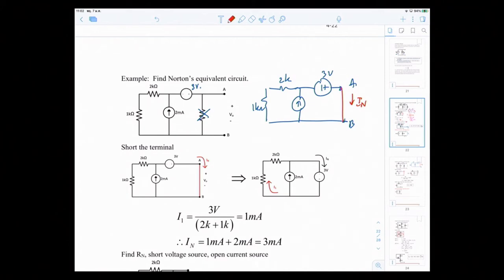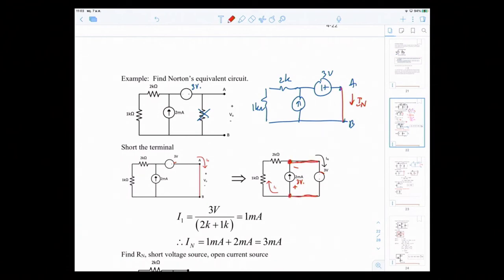So I redraw it. Now I pull this 3 volt out to be like this position, because when I do that, I can see that there's a 3 volt across here. Hold on. Sometimes you have to rearrange your circuit. So there's 3 volt across here, from this terminal and this terminal, because they are parallel.